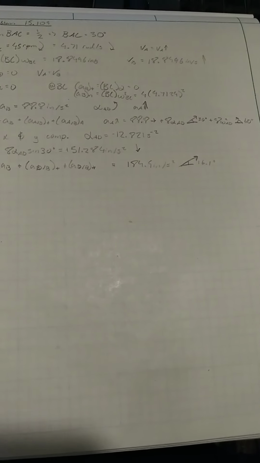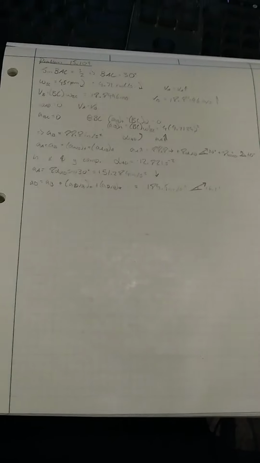And then at rod ABD, we have our alpha sub AD is counterclockwise, and our acceleration of A is upwards. And then we have our acceleration of A formula, which is a sub A equals a sub B plus a sub A/B tangential plus a sub A/B normal.